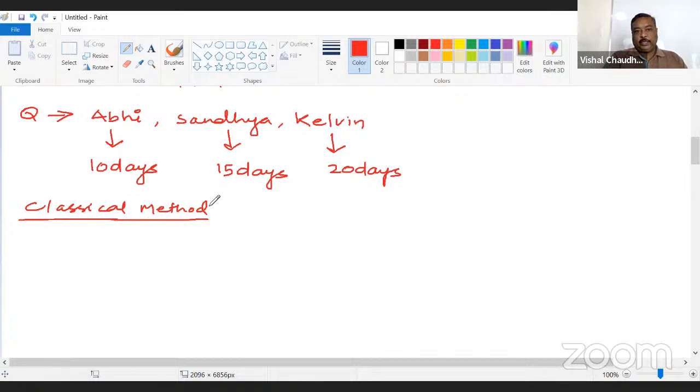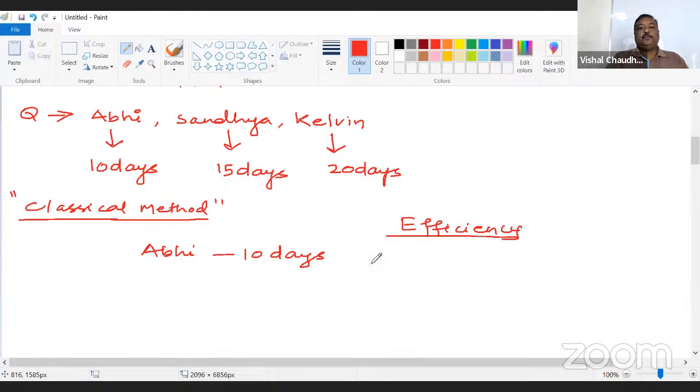Please see carefully. Abhi can do a job in 10 days. So can I say the efficiency of Abhi will be 1 by 10, isn't it?